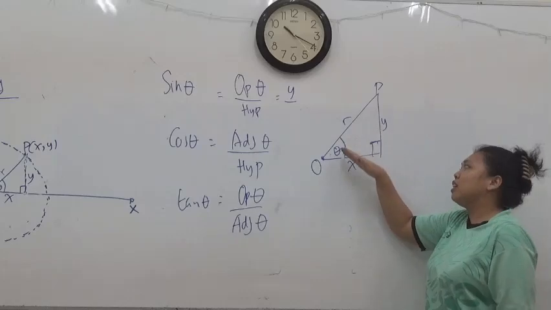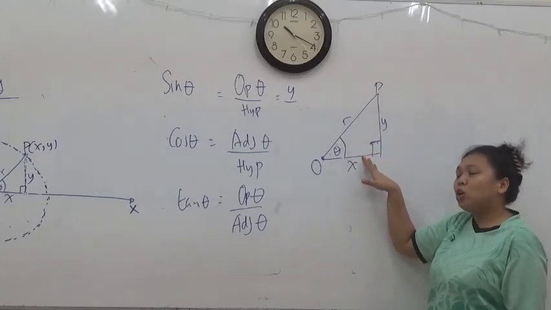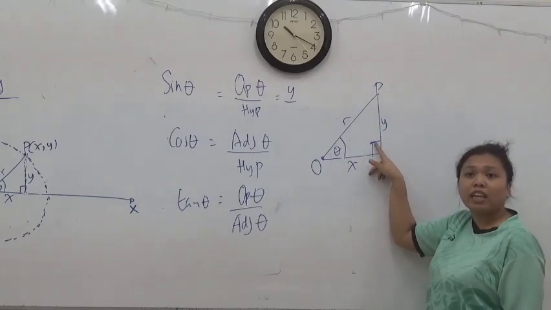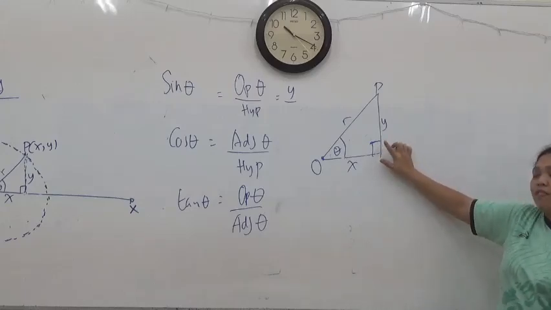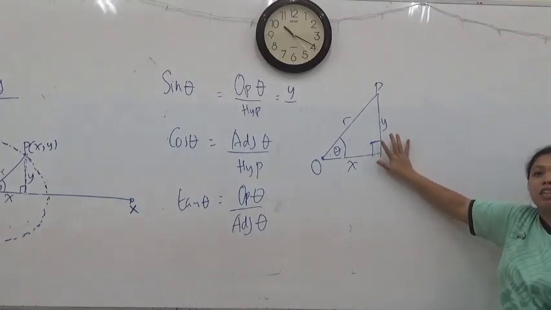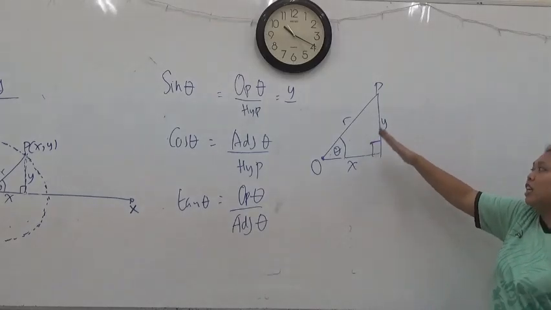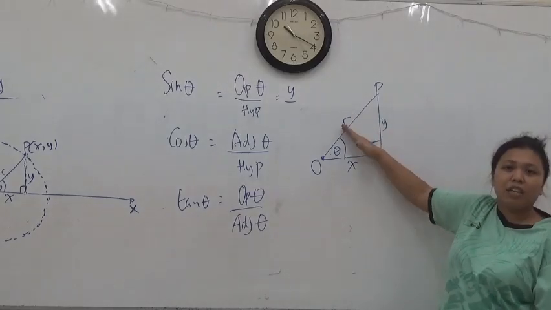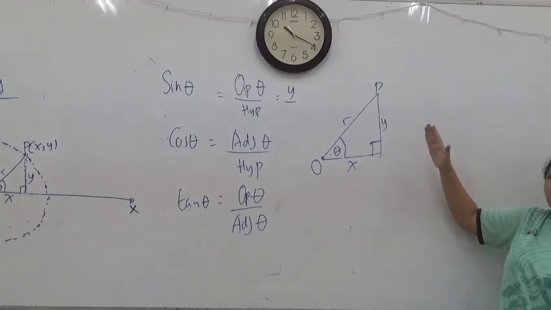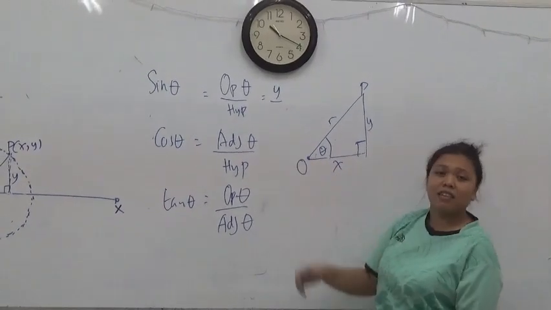In one right angle triangle, you always have a smaller square inside, right? This is the symbol of 90 degrees. You don't need to write the 90 degrees, you are already given the symbol. So the side in front of the 90 degree symbol is always the hypotenuse.